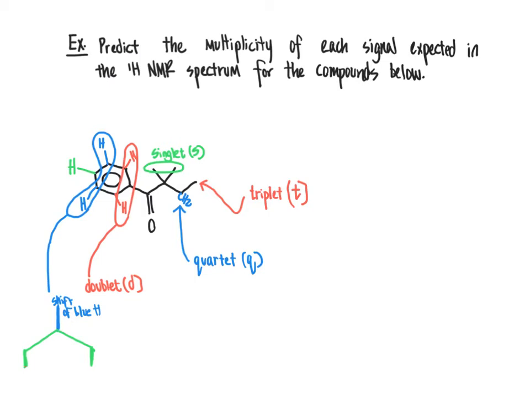So the doublet gets split into another doublet. And so as a result, that gives what we refer to as a doublet of doublets.